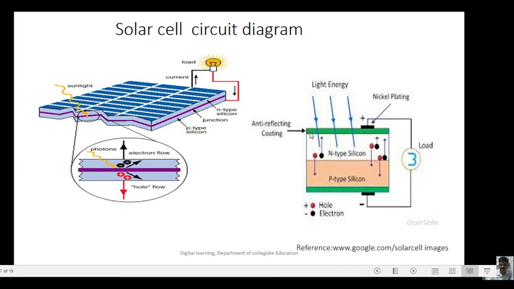The green line indicates the anti-reflecting coating. Positive represents holes and negative represents electrons.